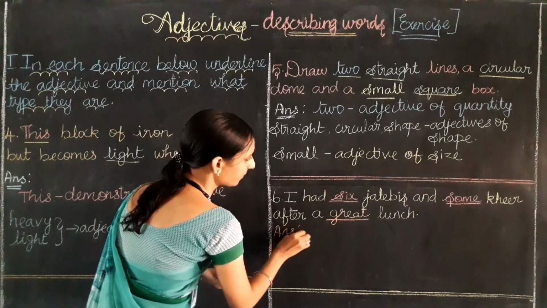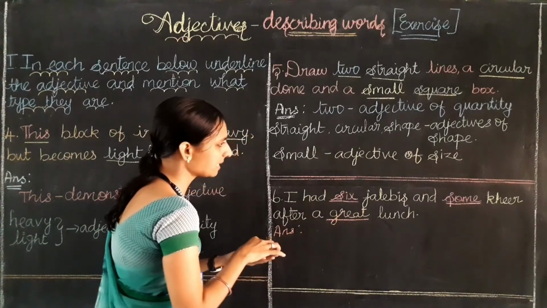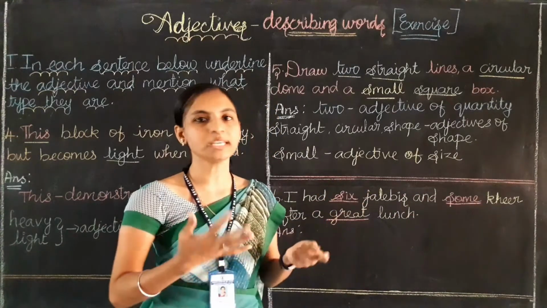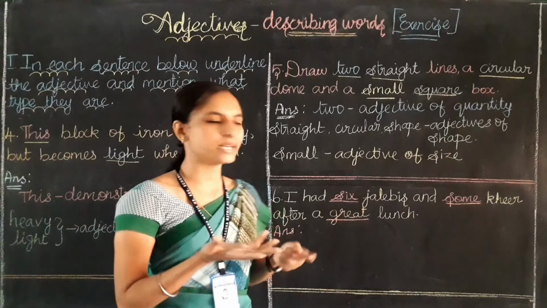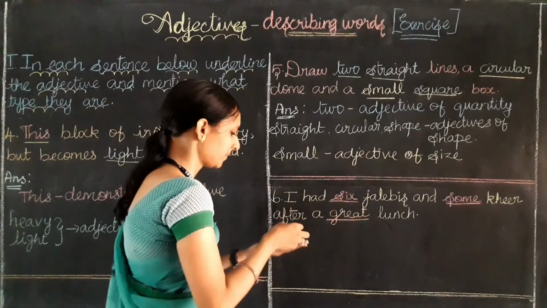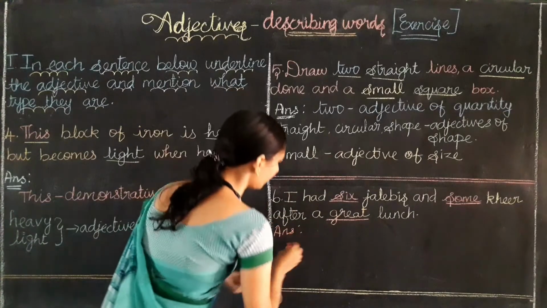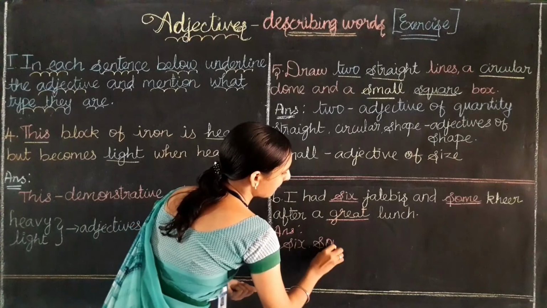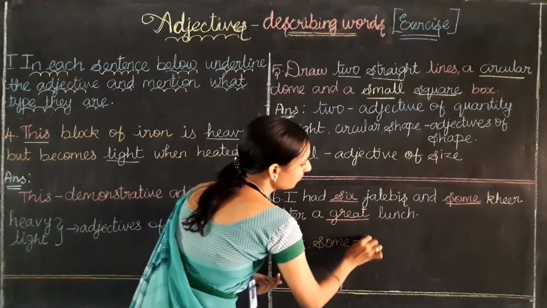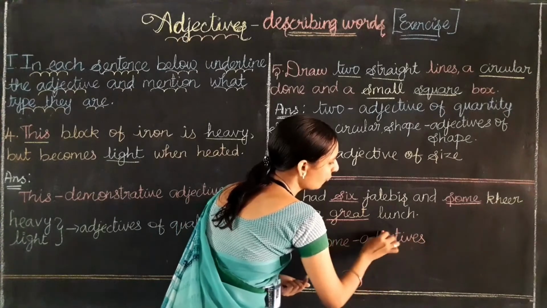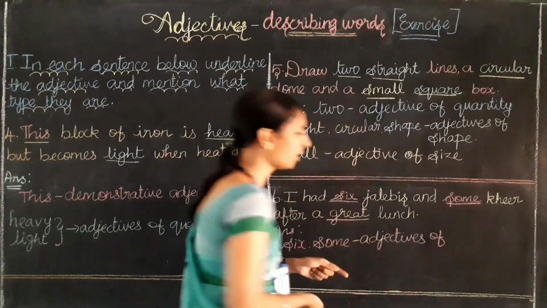So answer, what is the first one? 6. 6 and some, they both are talking about the quantity of the nouns only. So shall I write in one line itself like this? Okay. So 6, some are the adjectives of what?